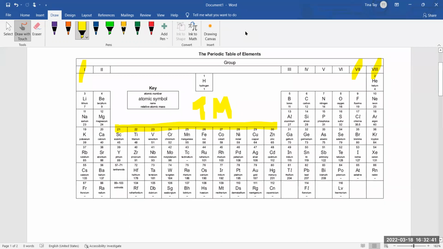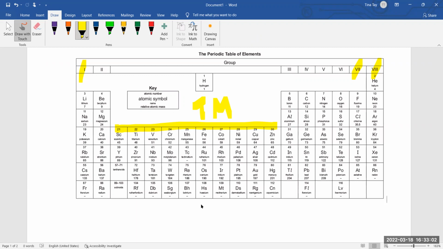So we're only going to talk about Group 1, Group 7, Group 8, and then transition metals.